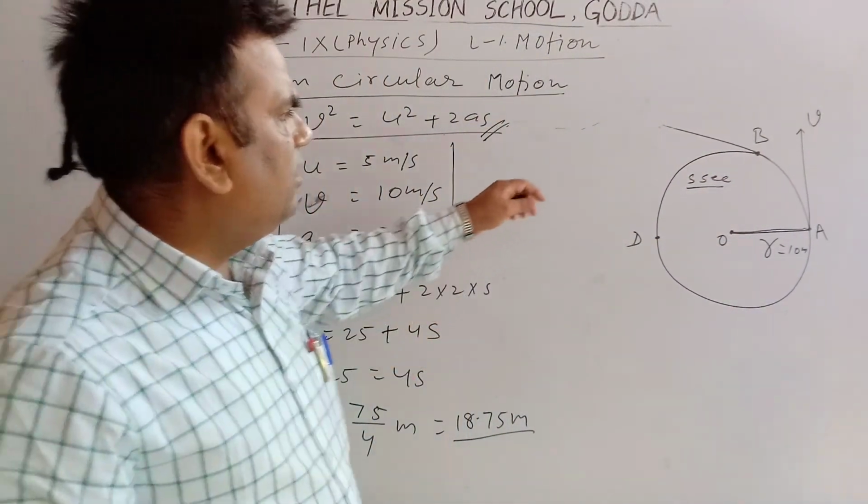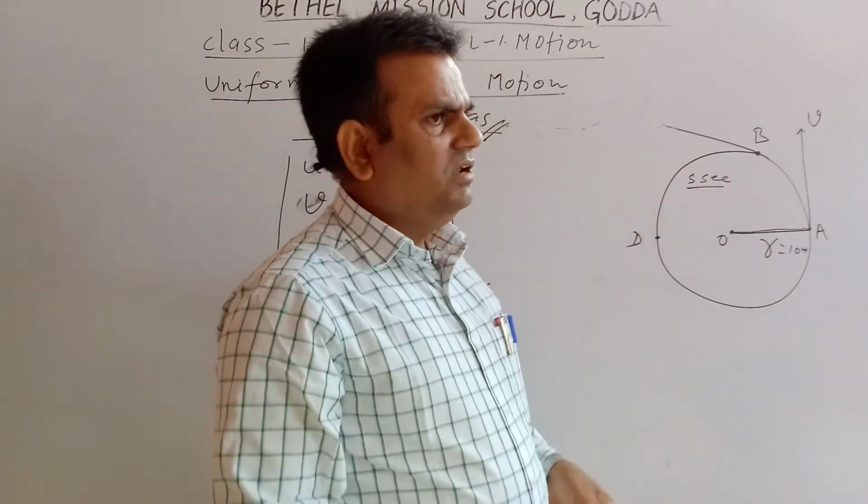So what is the velocity of the object on this circular path?